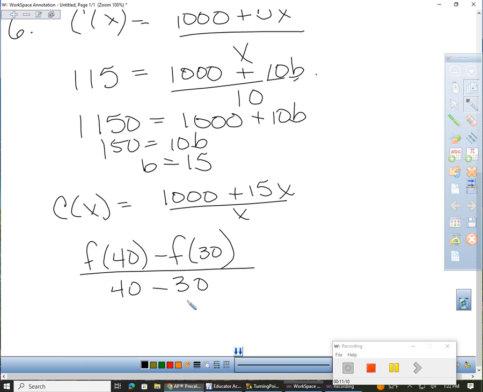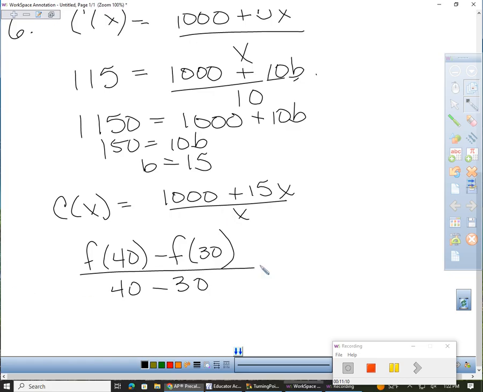So first we're going to plug 40 in. So 1,000 plus 15 times 40. 15 times 40 is 600, so we get 1,000 plus 600 divided by 40, which is 40.